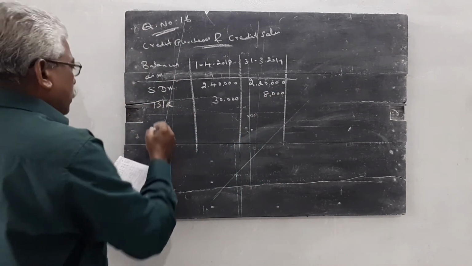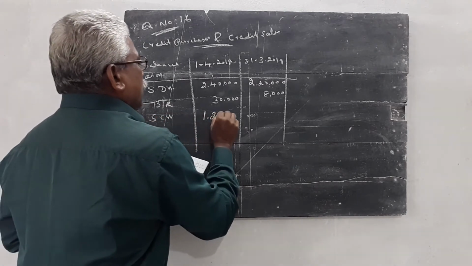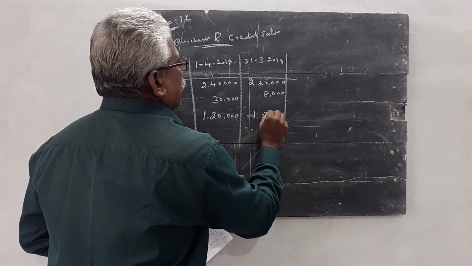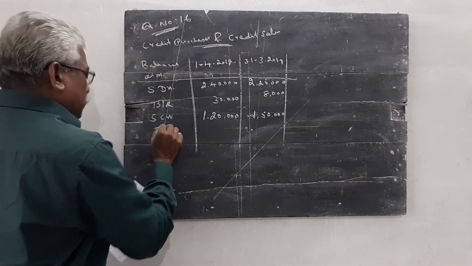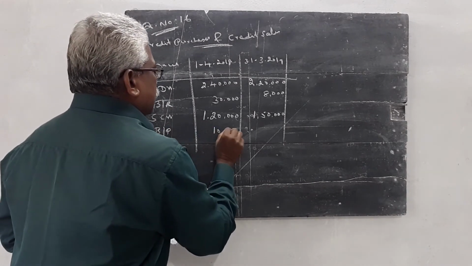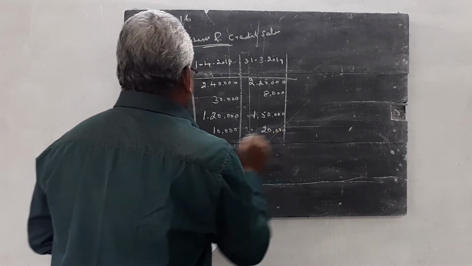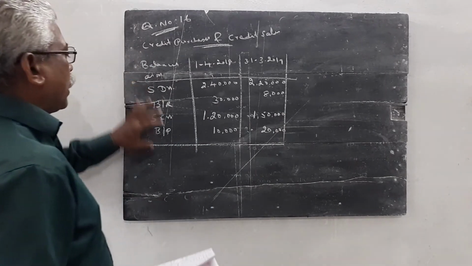Then sundry creditors. Opening balance is 1,20,000. Closing balance is 1,50,000. Then bills payable. Opening balance 10,000, closing balance 20,000. These are all the opening and closing balances of the 4 accounts.